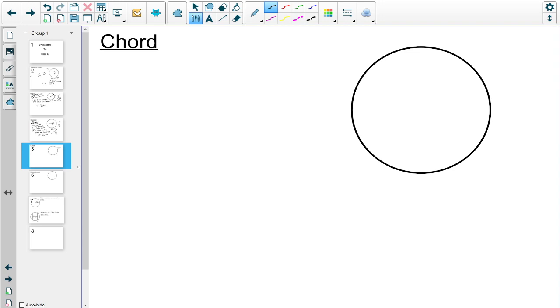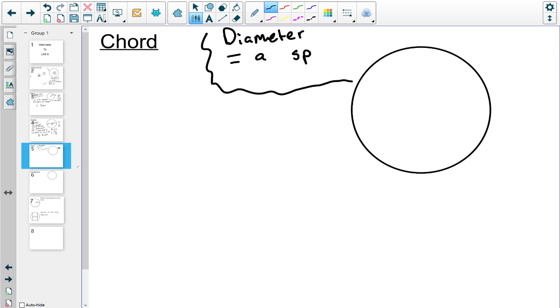Let's move on to chords. Now, this is quite similar to a diameter. In fact, the diameter is a chord itself. It's just a special type of chord. So we can put that in the margins up here. We can say that diameter equals a special chord.